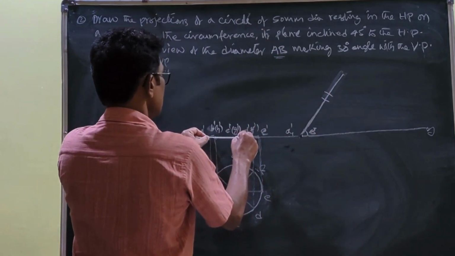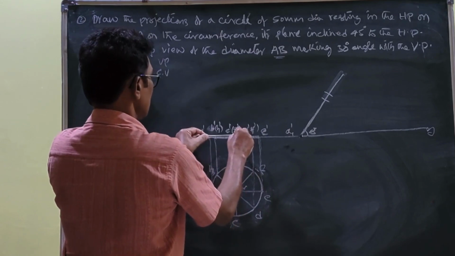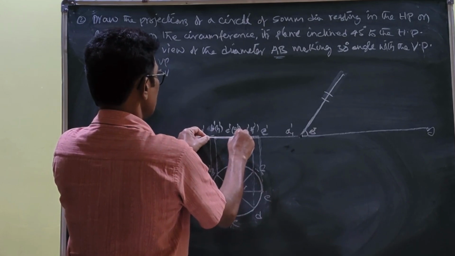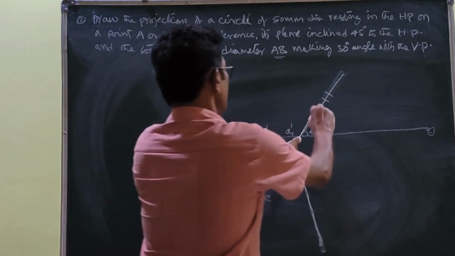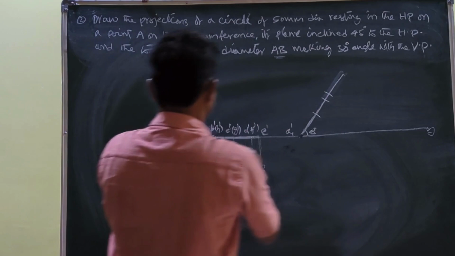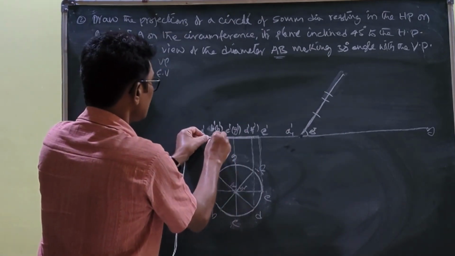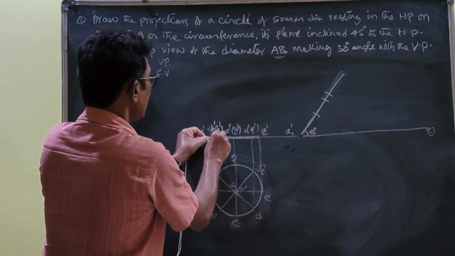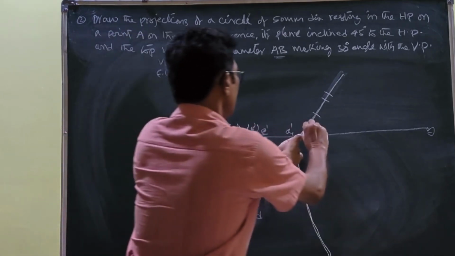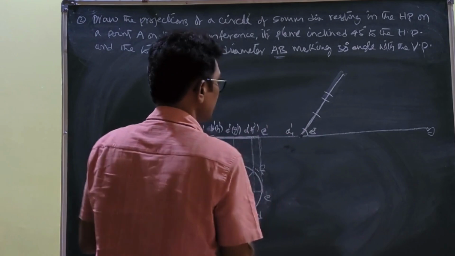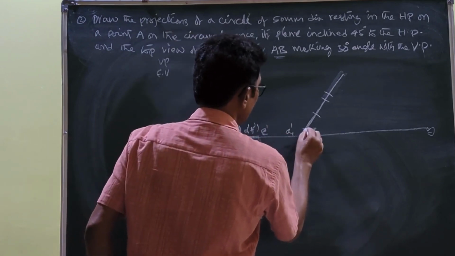Again A dash, C dash and G dash as a radius, A1 dash as a center, you draw the arc. Again A dash, B dash and H dash as a radius, A1 dash as a center, you draw the arc here.